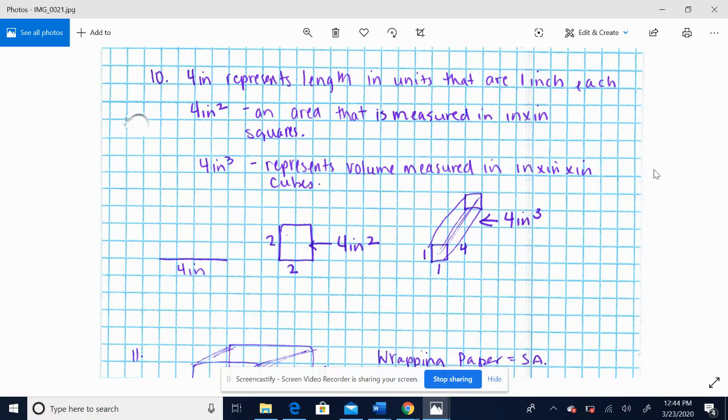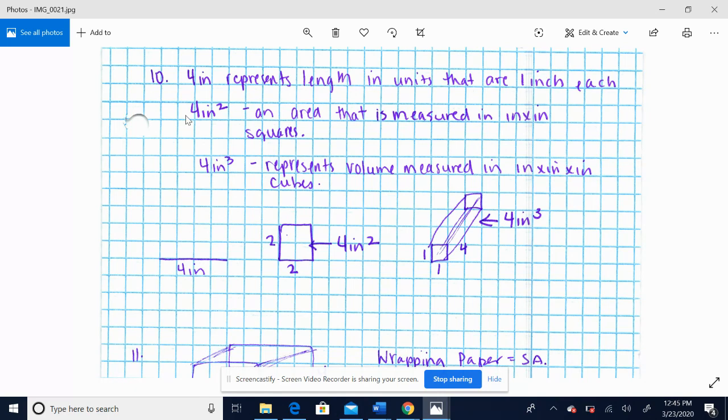So we talk about 4 inches. That represents length in units that are 1 inch each. This is a linear measurement. Something could be 4 inches long, it could be 4 inches wide. We're really just talking about one particular dimension here. That's what linear means. So I drew a little example down here of something that's 4 units long. We're going to assume each square is an inch.